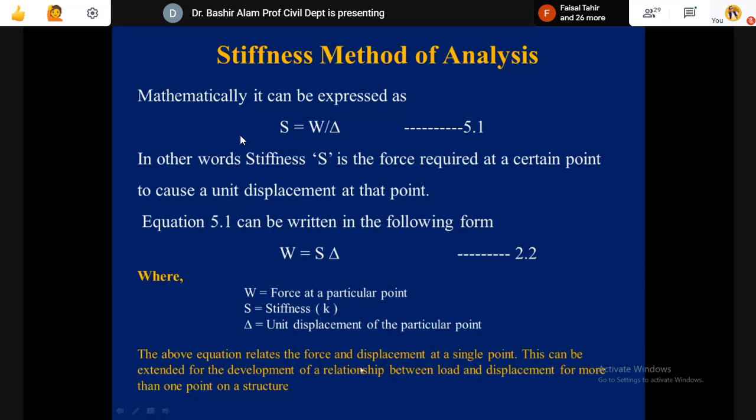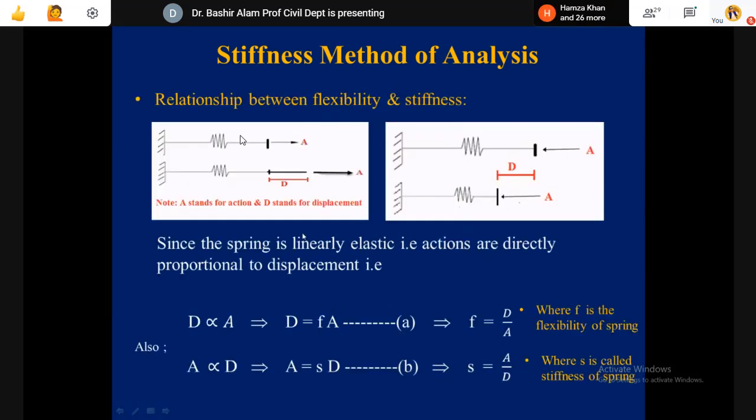Now the above equations relate the force and displacement at a single point. This can be extended for the development of a relationship between load and displacement for more than one point on a structure.